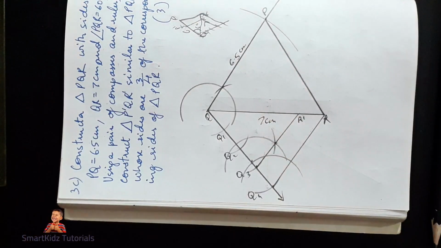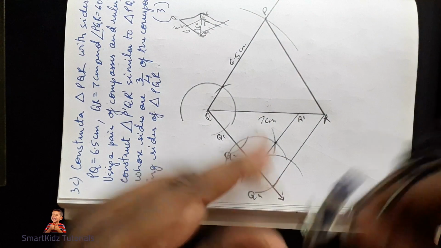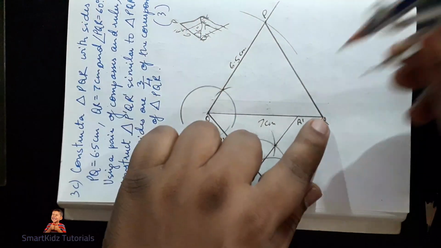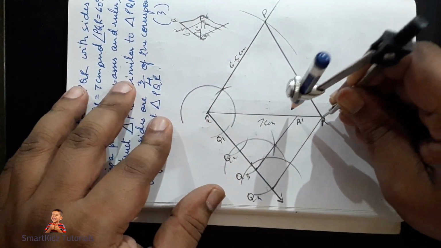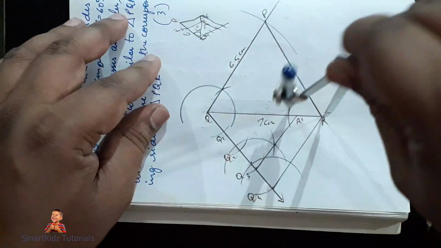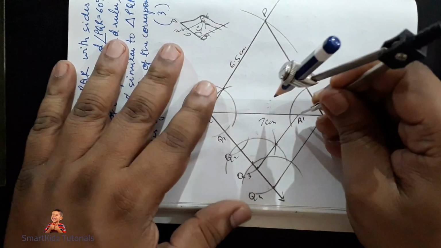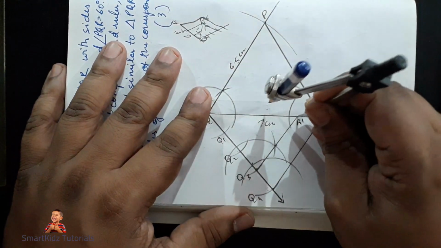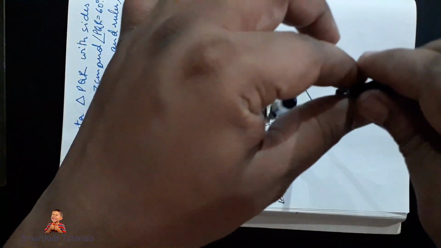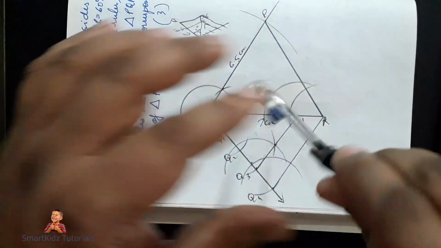Draw another parallel line. So once again I'm going to take a random measurement, keep the compass here at R and draw an arc like this. Now with the same measure, keep the compass at R dash where this line meets QR and draw another arc like this.